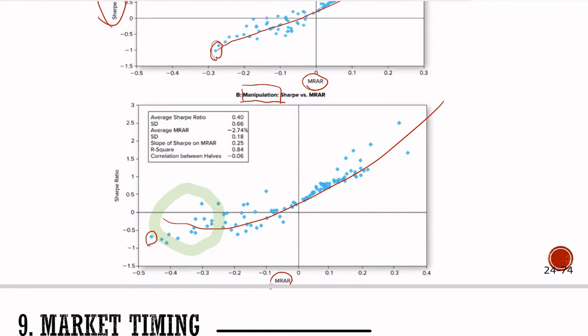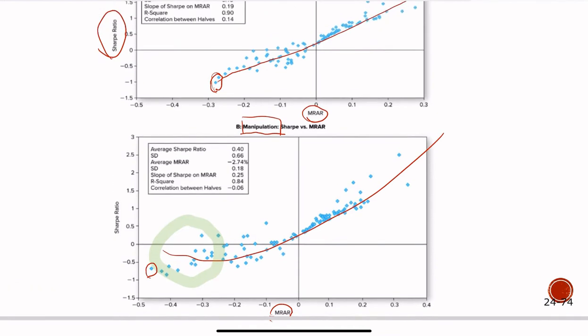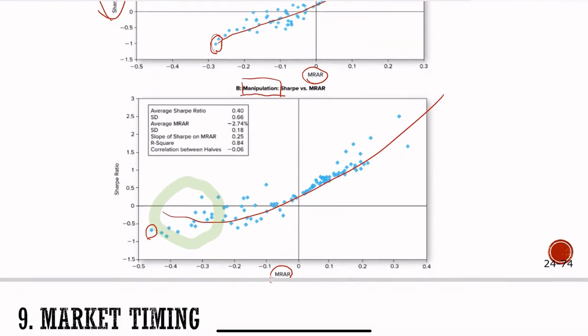So you can see that there's some manipulation going on here, because on the surface, when you're using Sharpe ratio, these funds, they're not doing a worse job. But if you use this Morningstar measure, you can see that clearly they're doing a worse job, right?